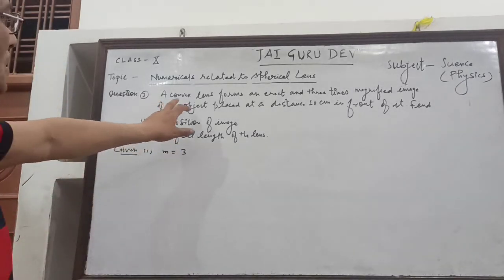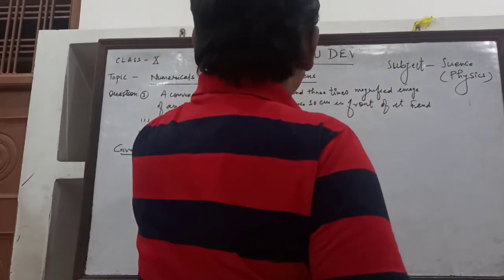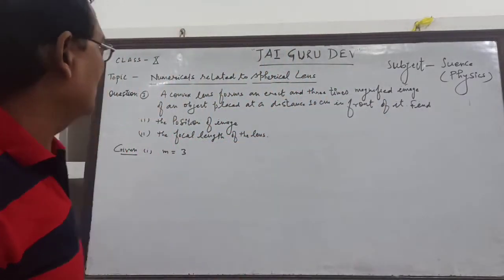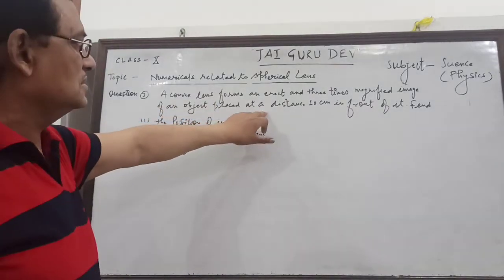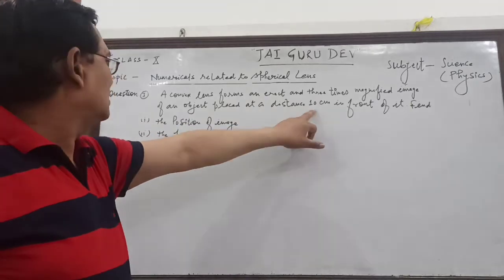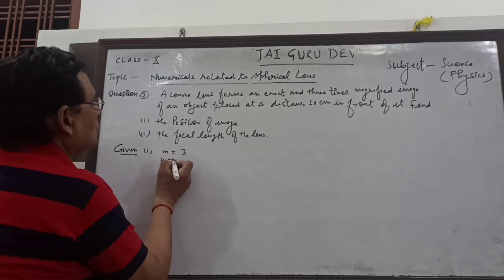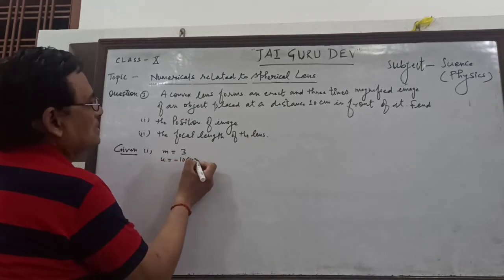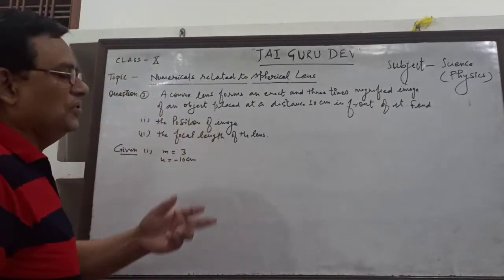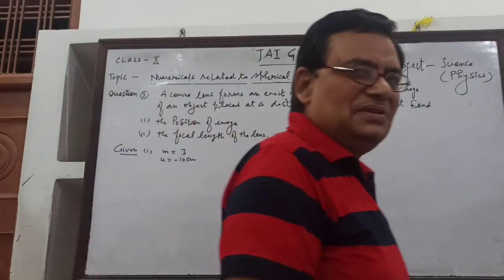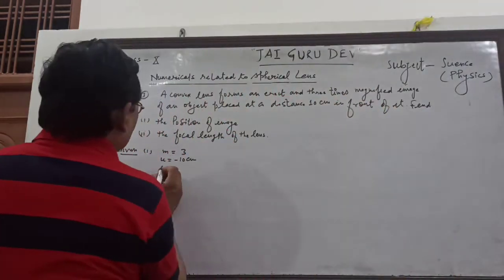The object is placed at a distance 10 centimeter. This one is the object distance, so u is minus 10 centimeter. Find first part, the position of image. Position of image means v. So v is question mark.